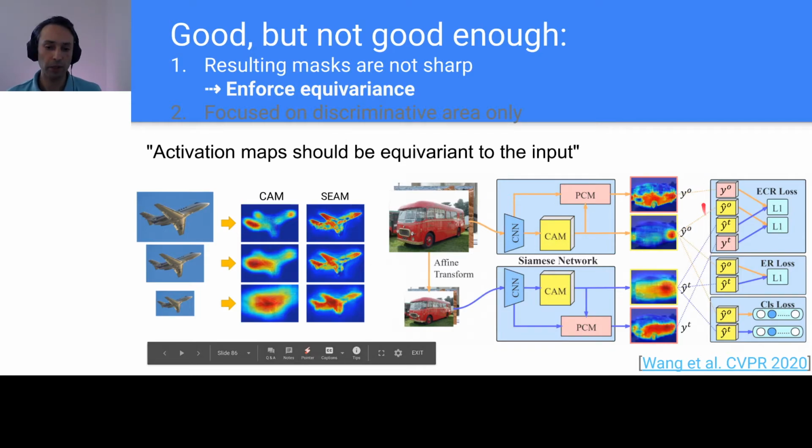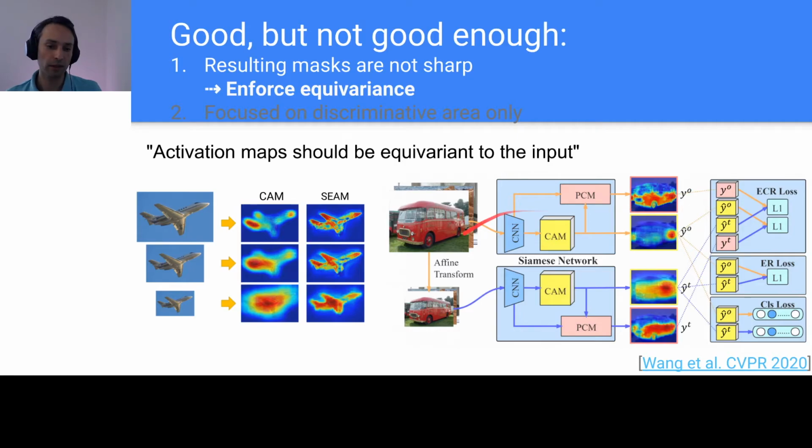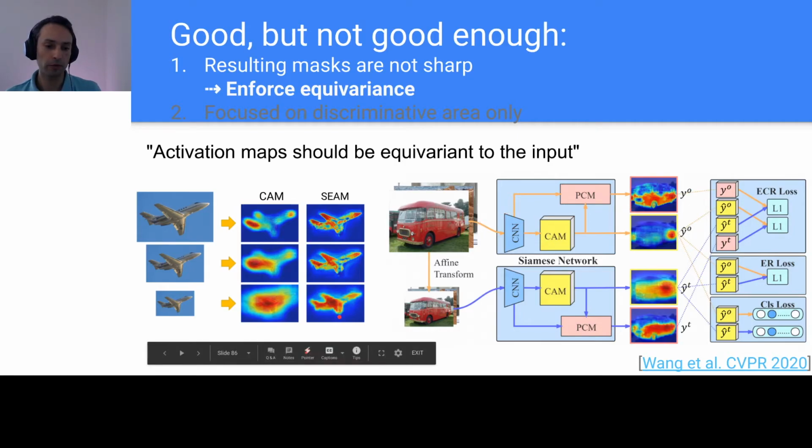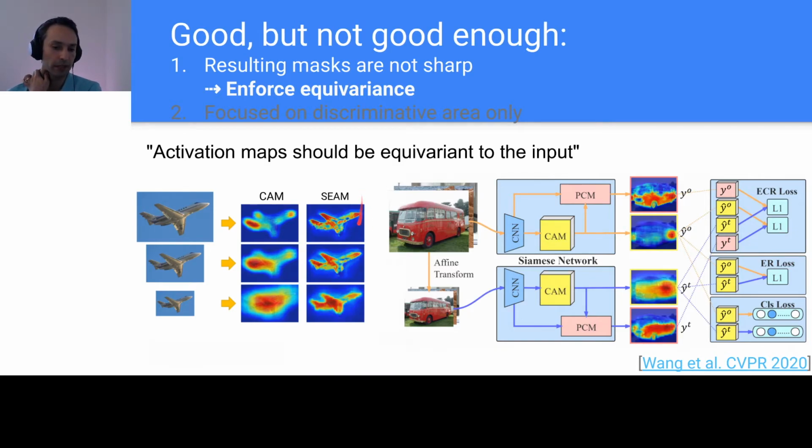And this will be an additional loss to supervise the training that forces the model to better cover the object. They had some additional ideas on how to better respect the boundaries, but this equivariance idea, I think, is a very generic and useful idea that works well in practice.